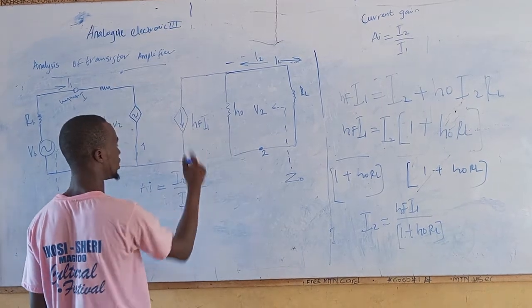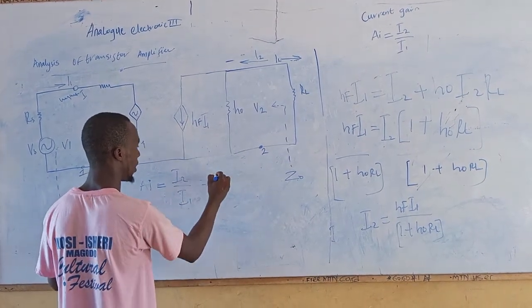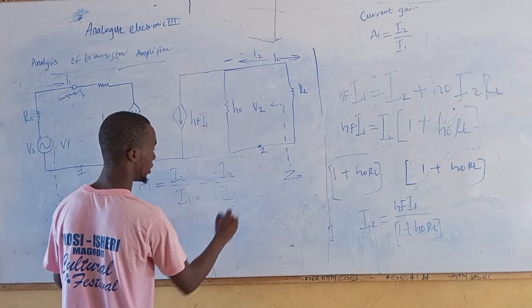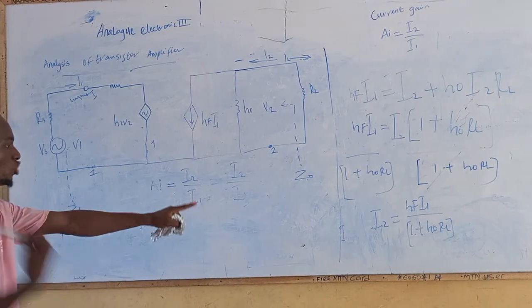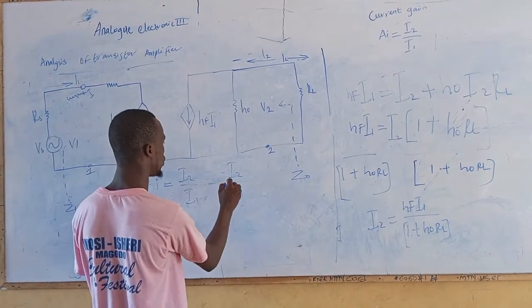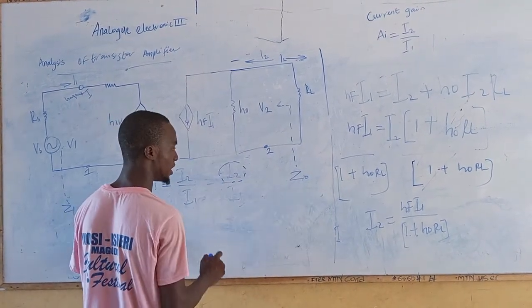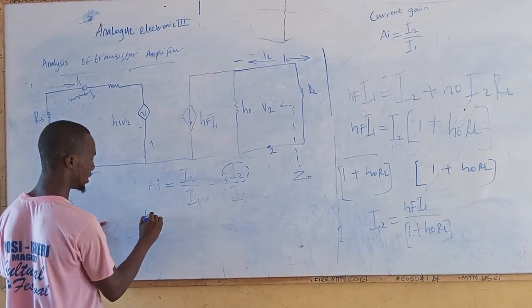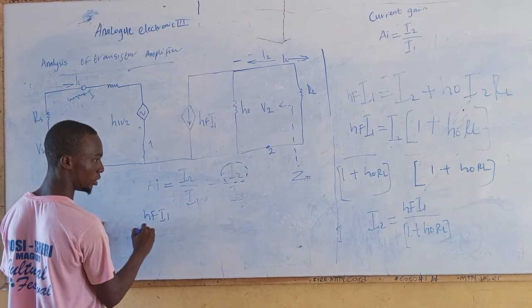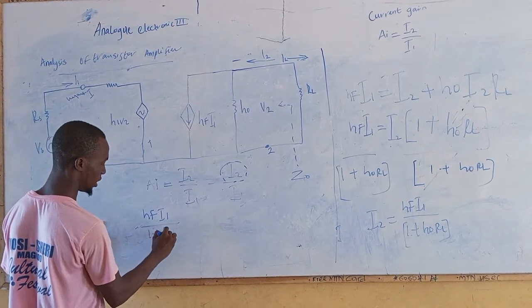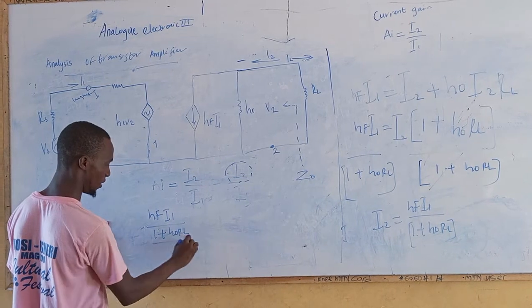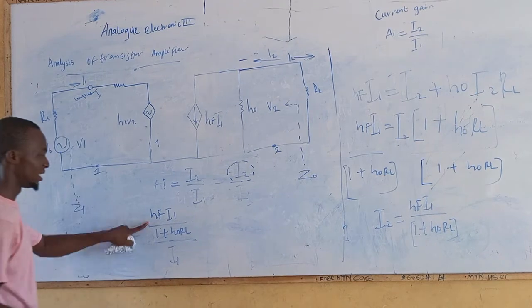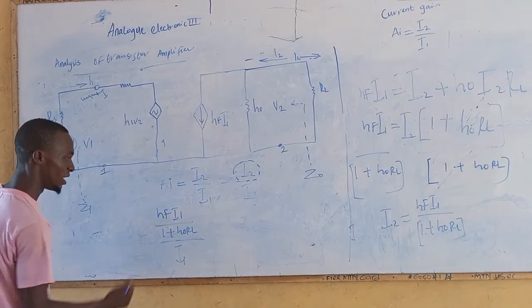When we relate it to this circuit that is here, we have minus I2 all over I1. So we have the value of our I2 in that place now. Our I2 here is now HF I1 all over 1 plus HO R_L, all over I1.